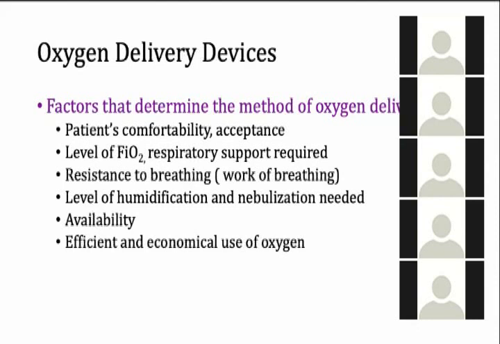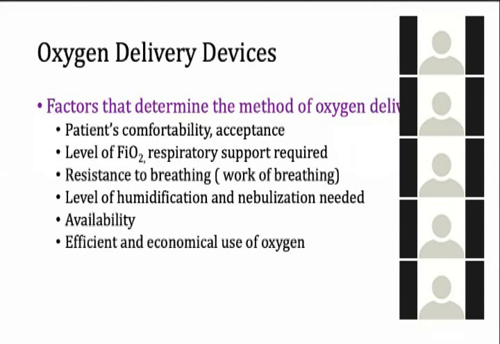Okay, and there are delivery devices. Like the route of drug, I said you need to decide on a delivery system. So there are different factors that determine the suitability of a delivery device to a patient. Those include the patient's acceptance.